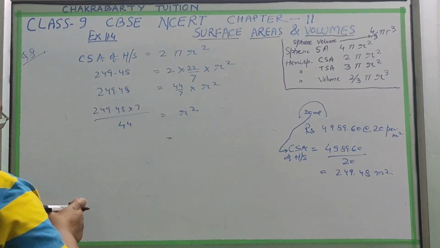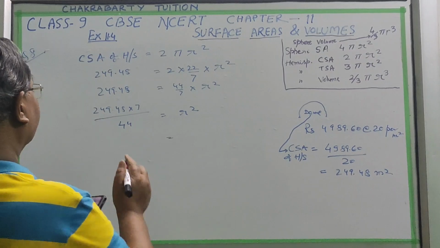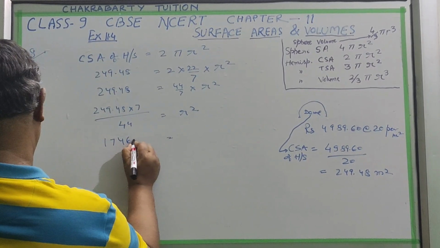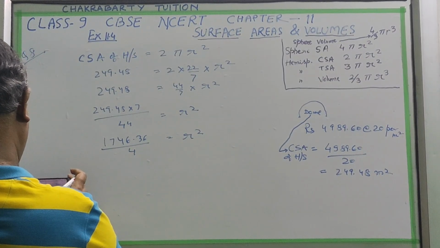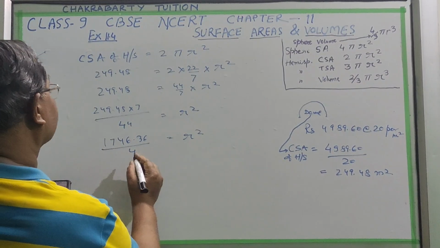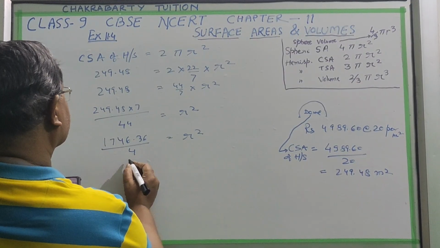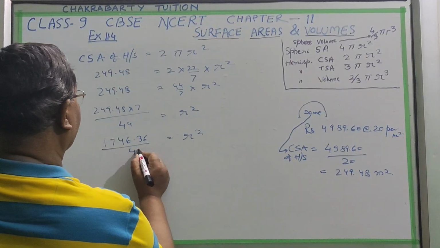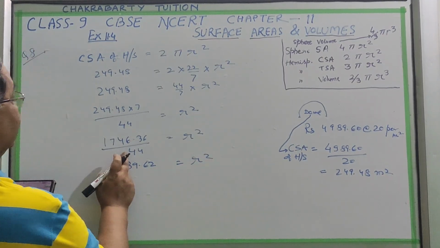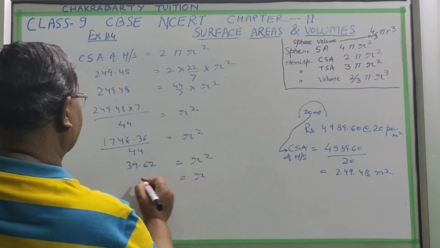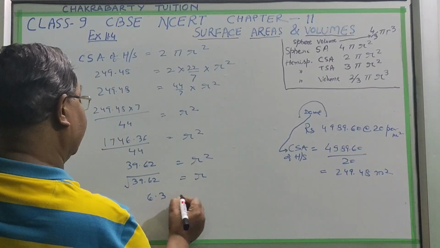So here I am going to use the calculator. Divided, and this comes, r square equal to 39.69, and under root, by calculator it comes to 6.3, is equal to r.